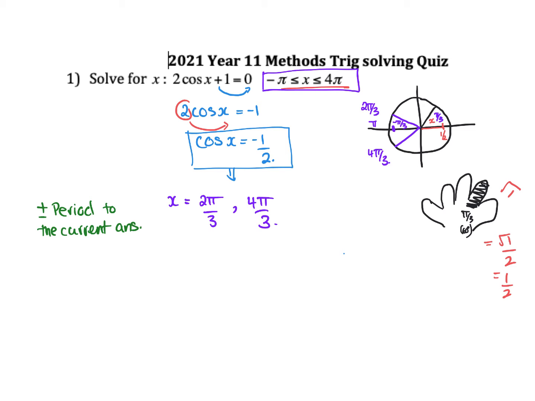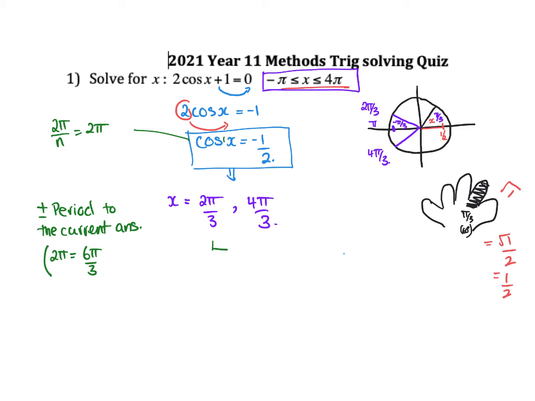The period of this graph is always 2 pi divided by n, so it's 2 pi because n is 1 in this case. So we're going to add 2 pi. Because we're talking in thirds, I'll add 2 pi in terms of thirds, which would be 6 pi on 3.